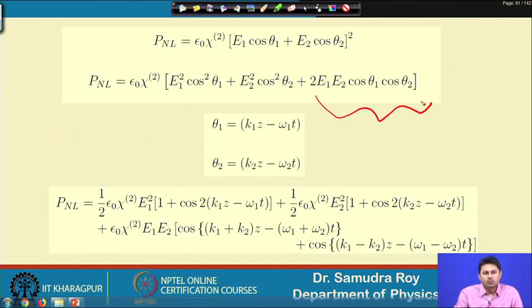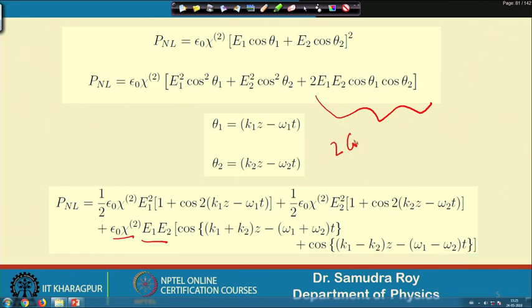We know that 2 cos theta 1 cos theta 2 can be represented in terms of cos of theta 1 plus theta 2 and cos of theta 1 minus theta 2, and we are going to do exactly the same thing. So, this multiplication term of theta 1 and theta 2 we will separate out. If I do, then this term can be represented like E 1 E 2 epsilon 0 chi 2, and so let us write, maybe then it will be clear.